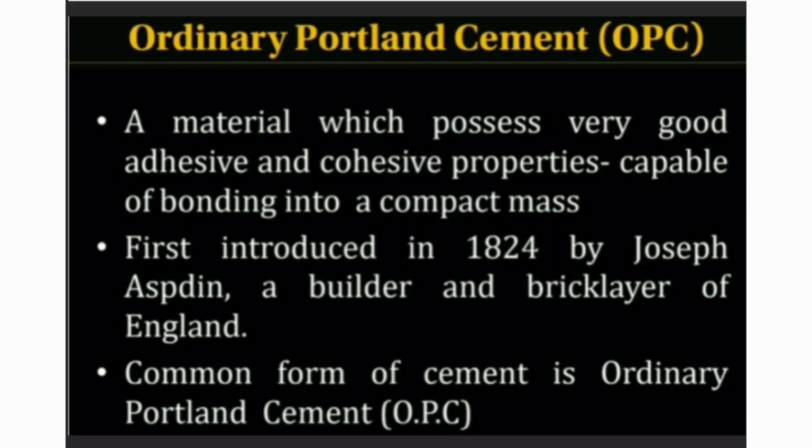So next is ordinary Portland cement. We will see in more detail the properties of ordinary Portland cement. This was first introduced by Joseph Espedin in 1824. So it possesses very good adhesive and cohesive property, capable of bonding into a compact mass.